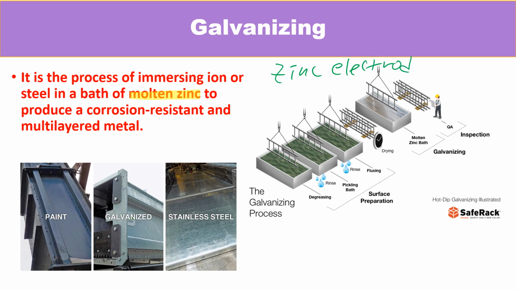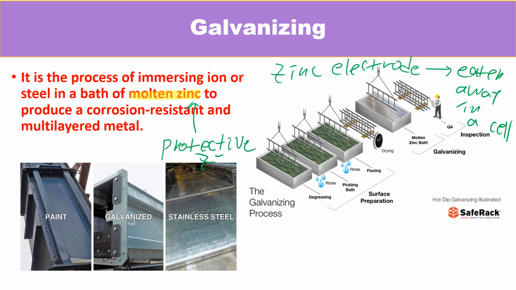And do you remember that zinc electrodes are the ones that are eaten away in a battery or in a cell? So that means, if you think about it, we are actually having a protected layer by using a zinc layer to protect whatever the steel inside. So galvanized material looks like this.